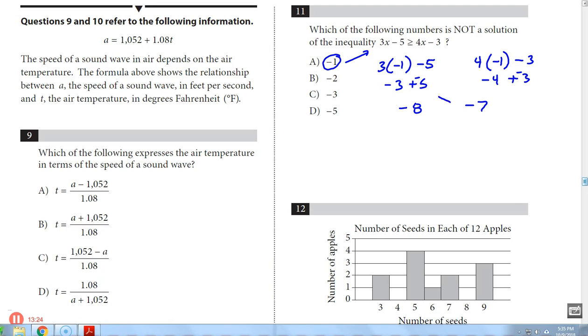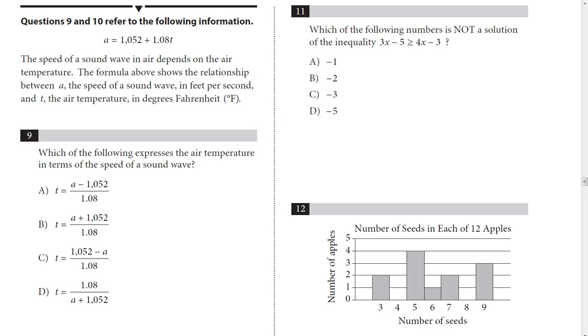And then I ask myself, is that true? Well, that's false. -8 is not larger than -7, and we wanted it to not work. So that would have been another way to tell me that A is the correct answer. If you would try any of these other numbers, they all would have made the inequality true. So several ways to do that problem.